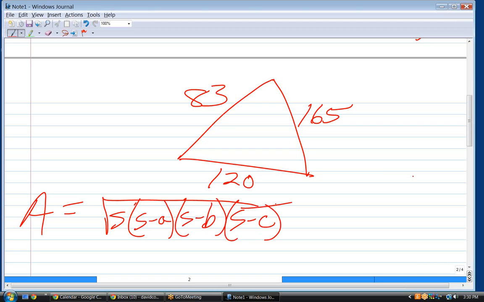In fact, this guy's name is spelled Heron or Hero. This is called Heron's formula or Hero's formula. And it's the area of a triangle if you have all three sides. Okay, and S is half of the perimeter.